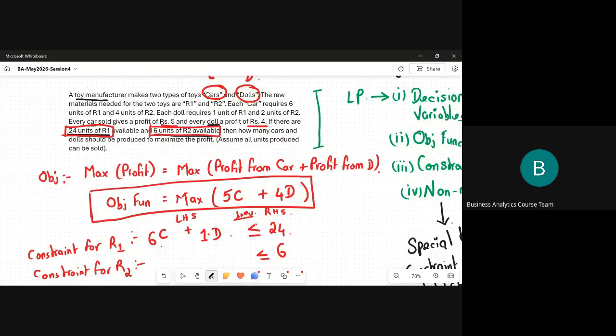And this total consumption must be less than or equal to 24. So LHS is consumption, RHS is availability, consumption less than or equal to availability. Yes, no? Yes. Then can you tell me the next constraint? What is the next constraint?